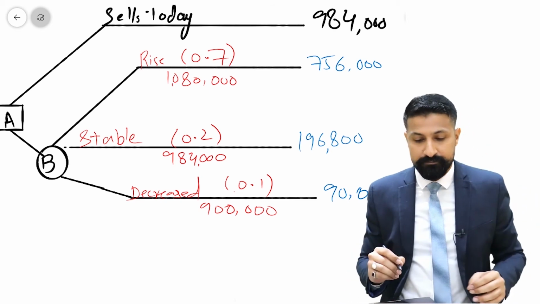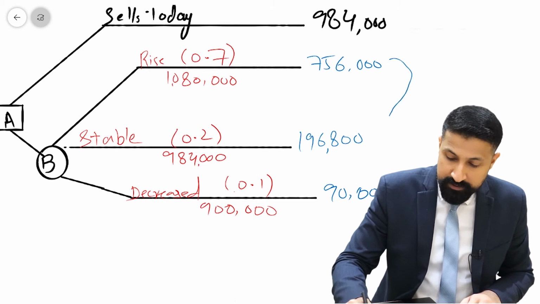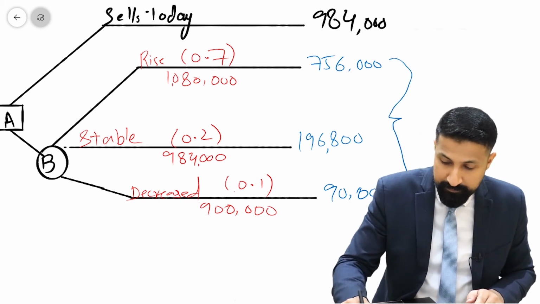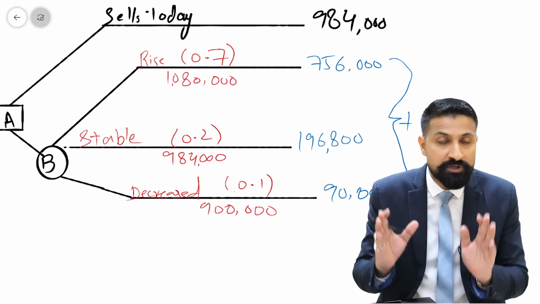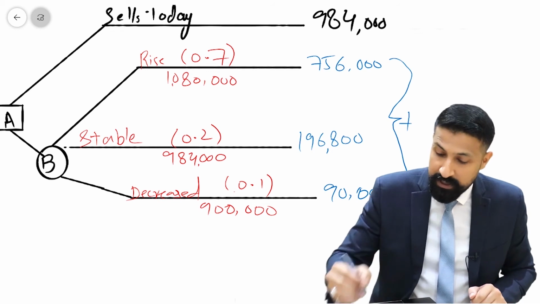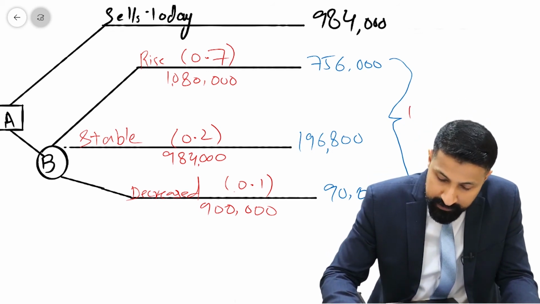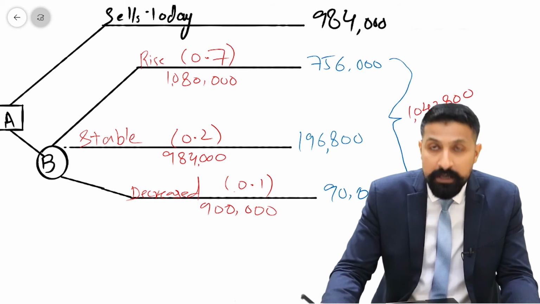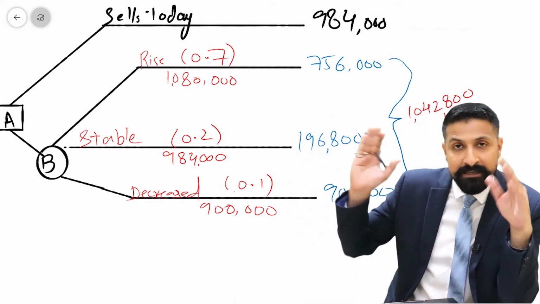Last step: add all these expected values together. What is the total expected amount? The total expected amount is 1,042,800.